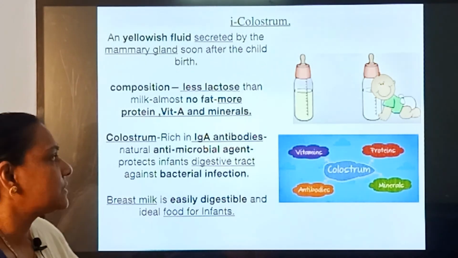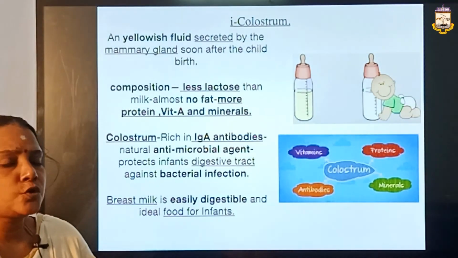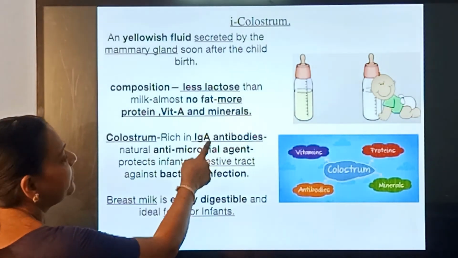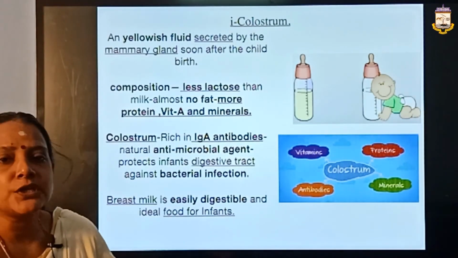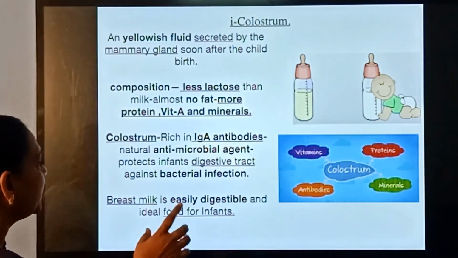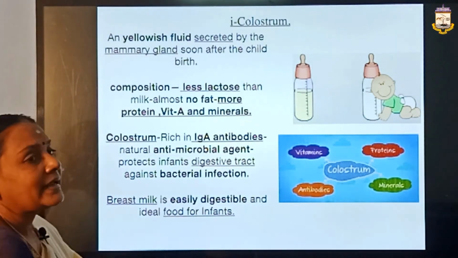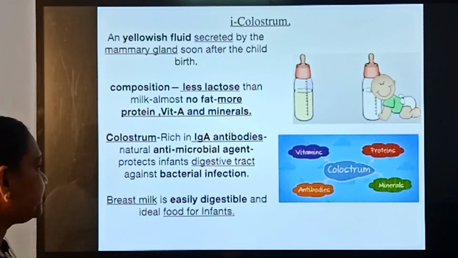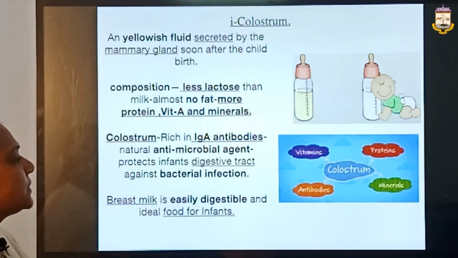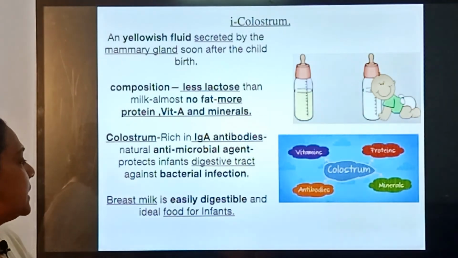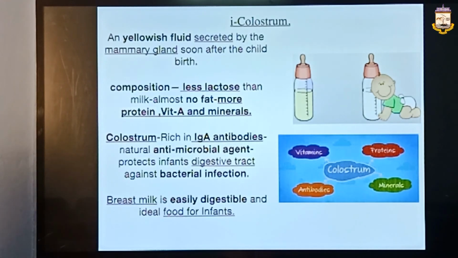It is stressed by the doctors because it is rich in IgA, immunoglobulin A antibodies, acting as an antimicrobial agent, protecting the infant's digestive tract against bacterial infection. Breast milk is advisable because it is easily digestible and an ideal food for infants.